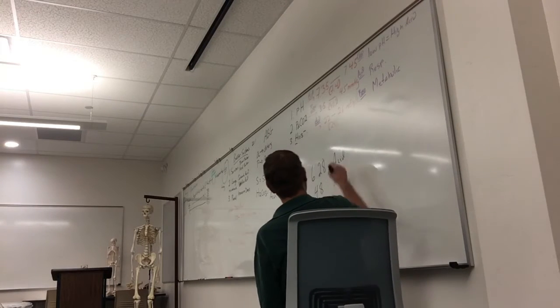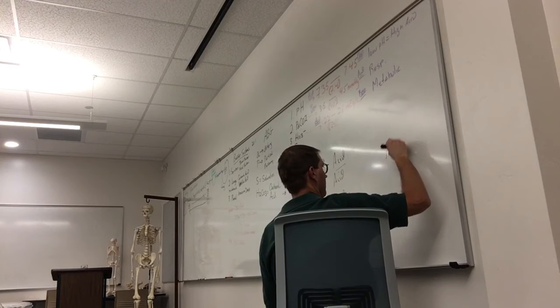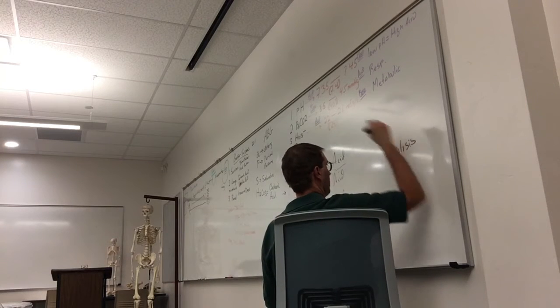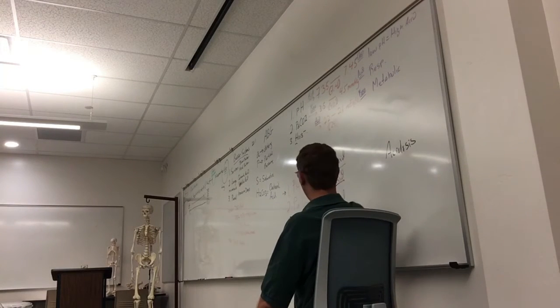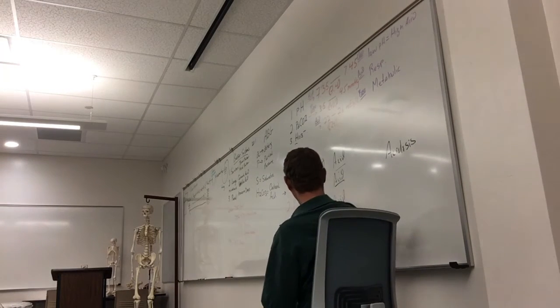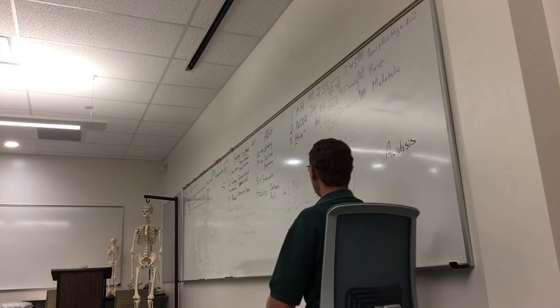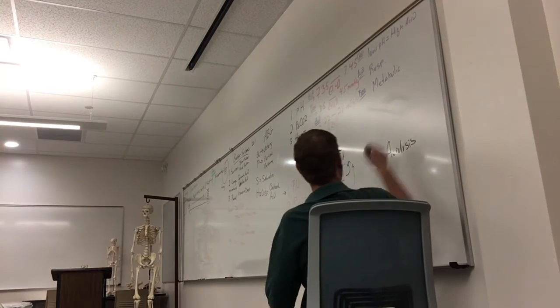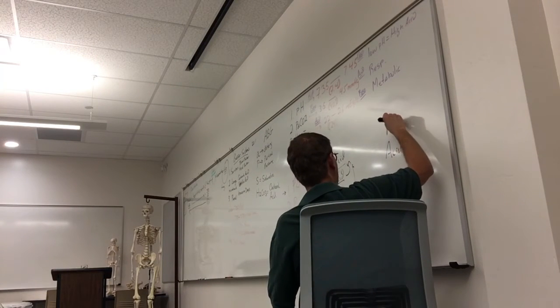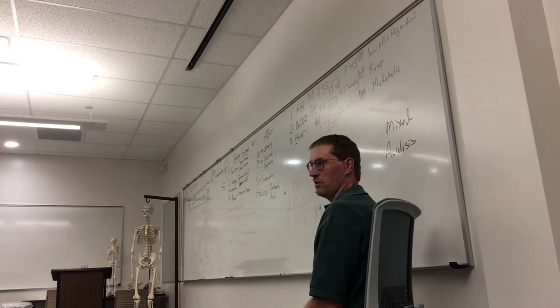Okay, so the underlying problem is still acidosis, right? What's causing it? Respiratory and metabolic, right? Both of these line up. So when you have a case like this where all three are the same, this is what's known as a mixed problem.